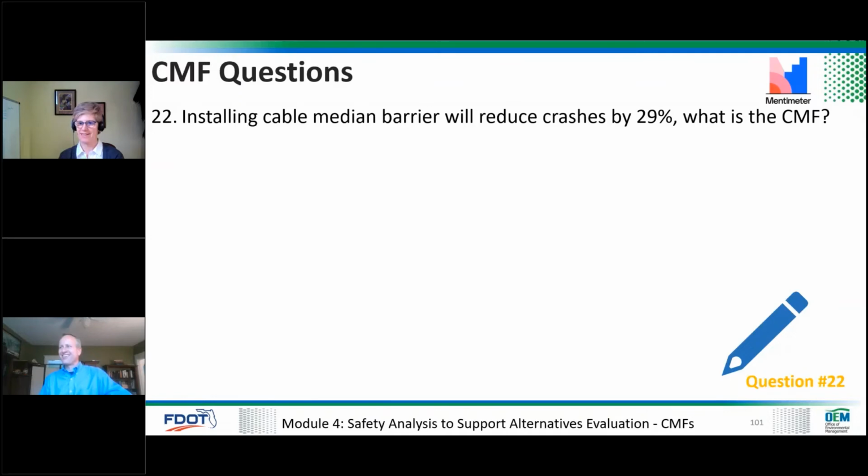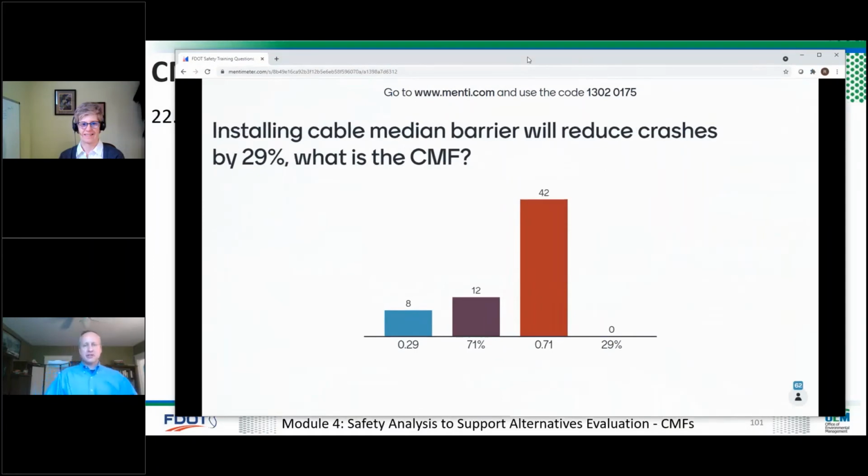So installing cable median barrier will reduce crashes by 29%. What's the CMF? All right, so go ahead and bring it over. It's 0.71. A 29% reduction is a CMF of 0.71. It's a multiplier, so multiply by 0.71.